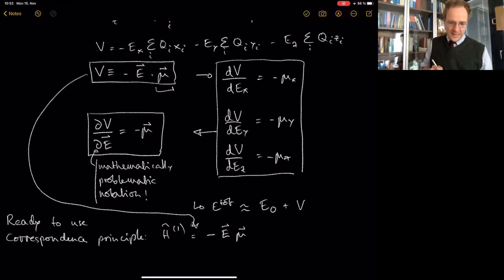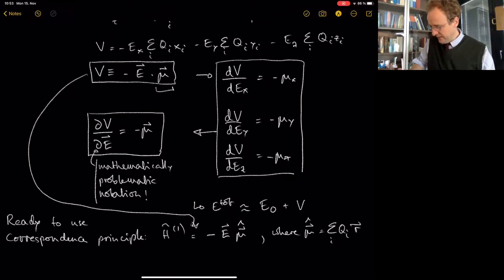All right. And now, of course, we need to do this in quantum mechanics. So our positional variables have to become our QM variables. So in practice, this means mu hat is the sum over charges q_i times r_i. And so this is our QM r, right?